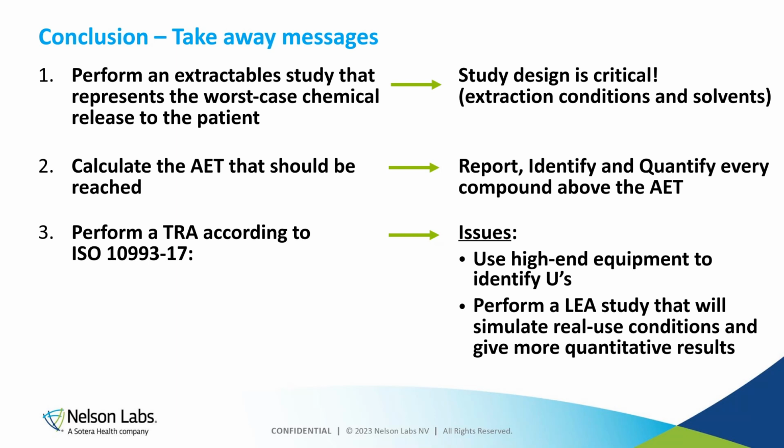And if you end up with an extractable study with too many extractables at too high concentrations, there is the possibility to perform a leachable study, where you will simulate the real use conditions more. And you can combine this with a targeted analysis of the compounds of concern to have more quantitative results on these compounds, if there's a certain tox risk for these compounds.